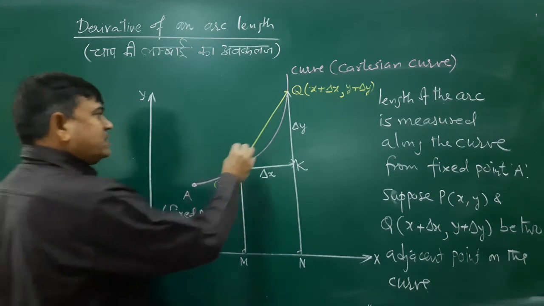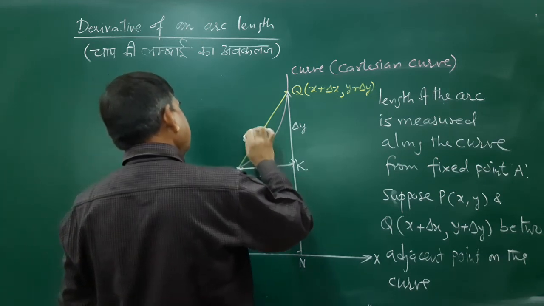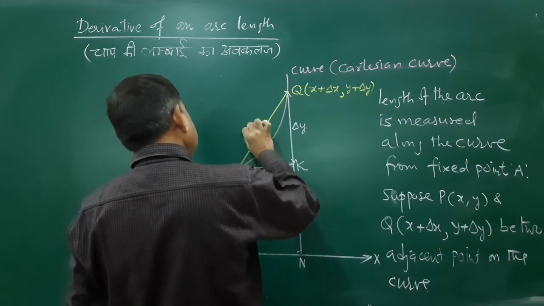Length of the chord, let us suppose it is delta L, for example.